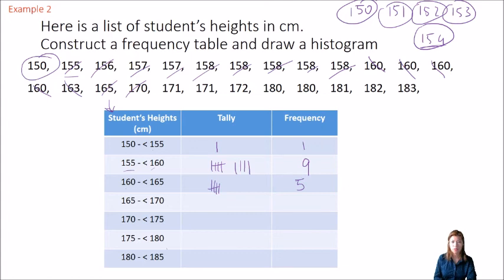Oh no, actually just 1. 170 is in the next slot. Be very careful of that. 170, 171, 171, so 4 in the next slot. Then we have 180, 180, 181, 2, and 3. They all belong in the 180 range, so 5 here, which means we have nothing there.